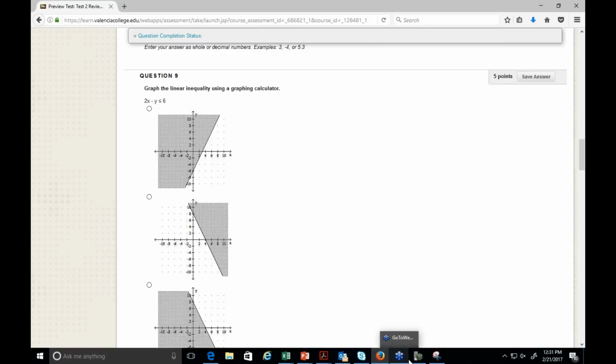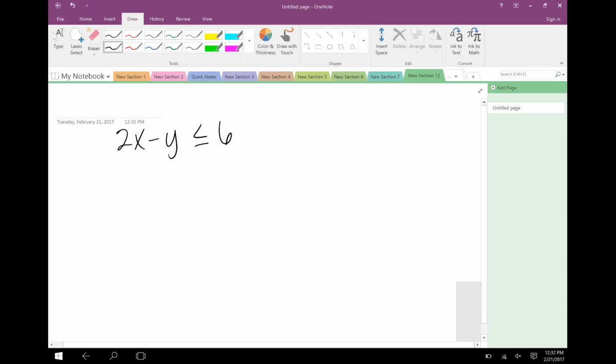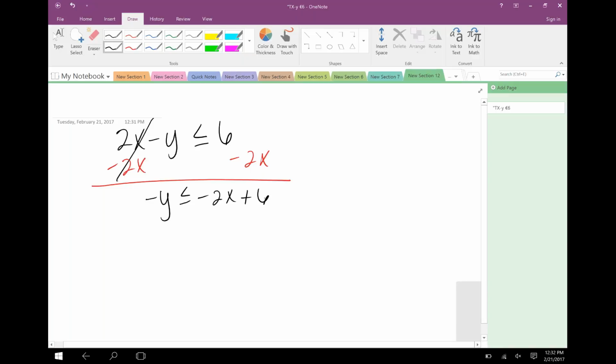So I'm going to start that process. Okay, so we have to set this equal to y in order for us to use the graphing calculator. So to start that process, we're going to subtract 2x from both sides. So now I'm going to have negative y is less than or equal to negative 2x plus 6.